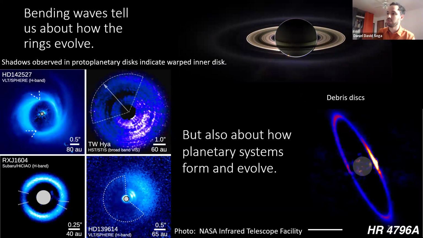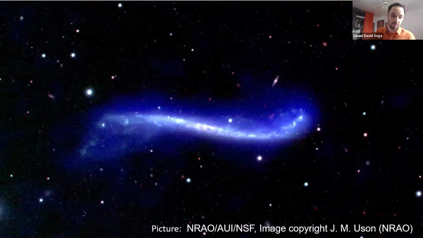And recent protoplanetary disks show shadows that indicate that there's a warped inner disk. So that's also something very prevalent. And that happens when the star has some obliquity with respect to the disk, which is maybe more common than we think.